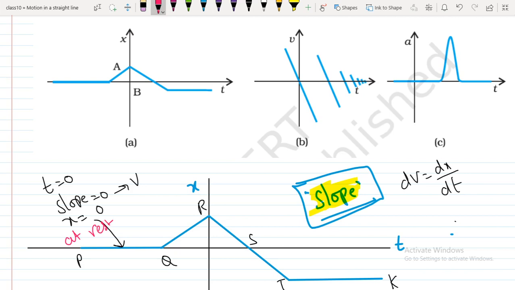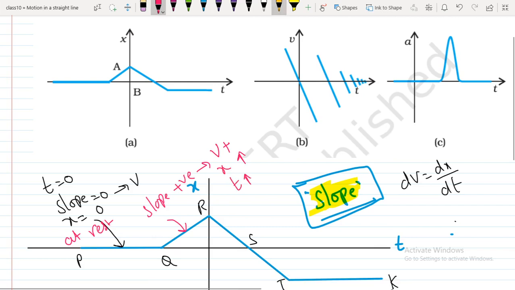Now after that, when time increases, from Q to R the slope is positive, because when time is increasing the position also changes. The slope is positive, so the velocity is positive, and the displacement is also increasing as time increases.